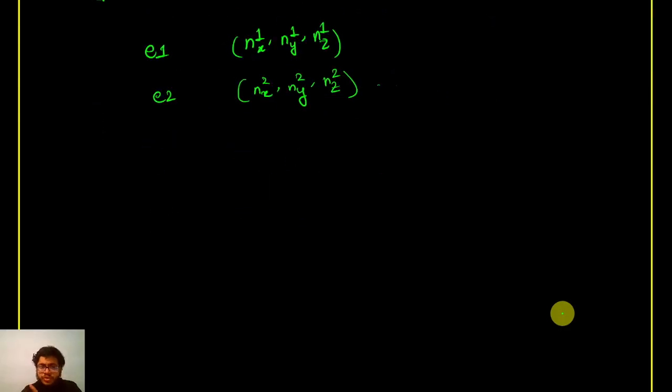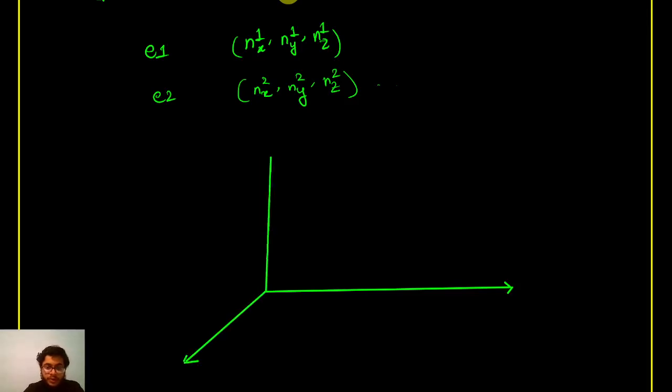But if we want to visualize it more properly, we can make an axis where we label this as nx, this as ny, this as nz. Now instead of continuous variables we have discrete grids.